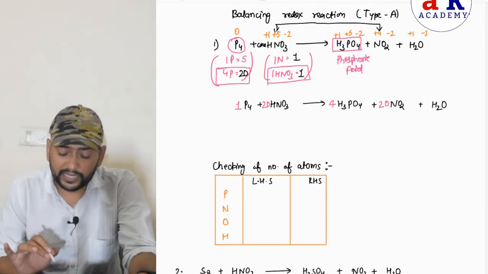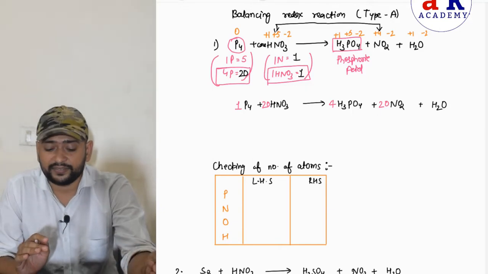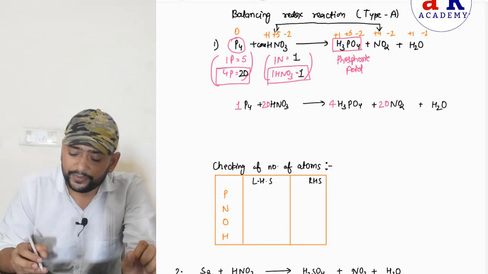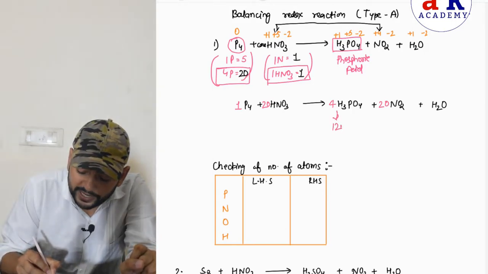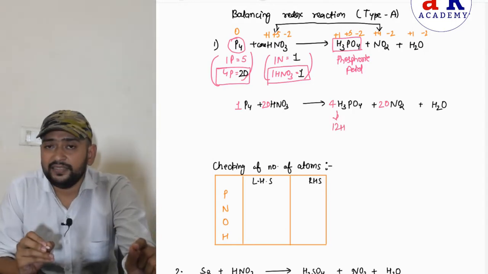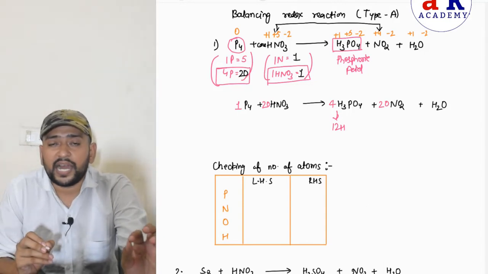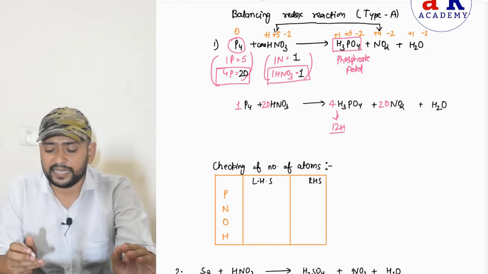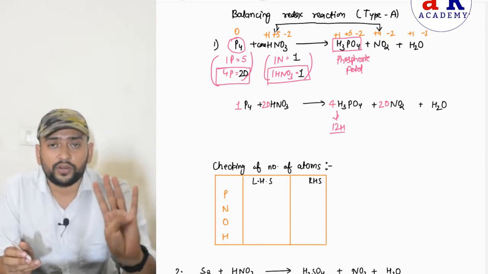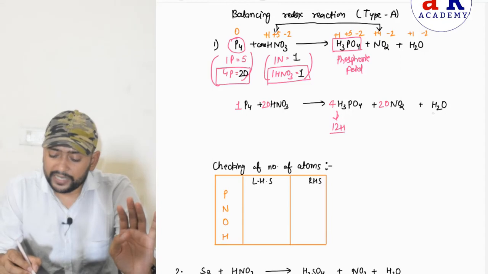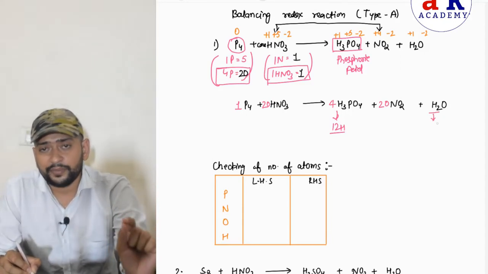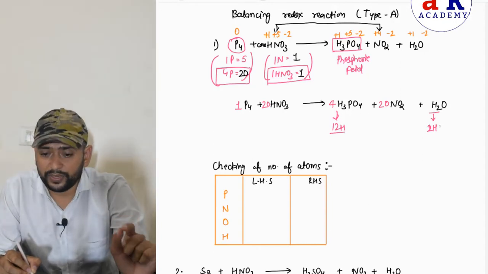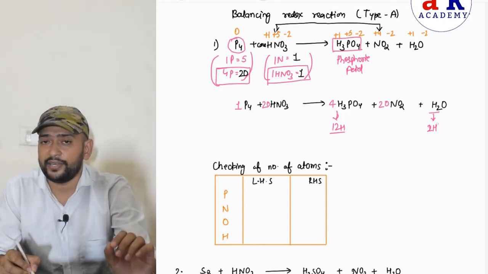On the left hand side we have 20 hydrogen, but on the right hand side we have only 12 hydrogen. 4 H3 means 4 into 3 hydrogen atoms, so a total of 12 hydrogen atoms are present on the right hand side. H2 is also already present, so we have 12 plus 2, and we need to add 6 more hydrogens.